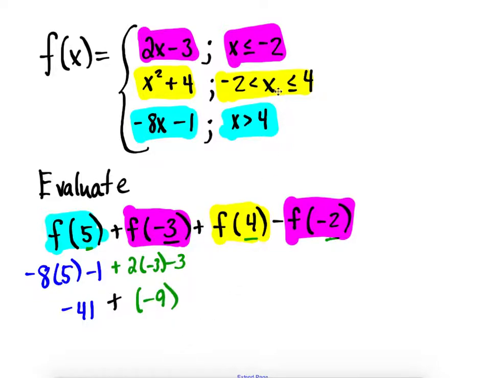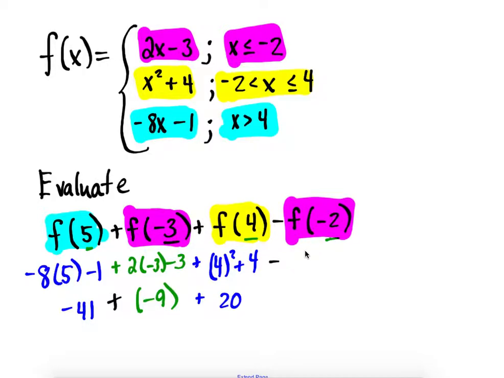Then you would do f of 4. Again, 4 fits into this one, so you would put it in this one. You would add 4 squared plus 4, which is 20. And then f of negative 2 would fit into this one. So you would do minus.